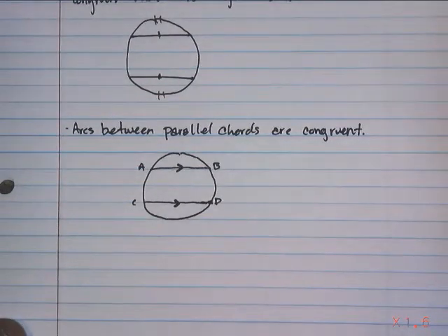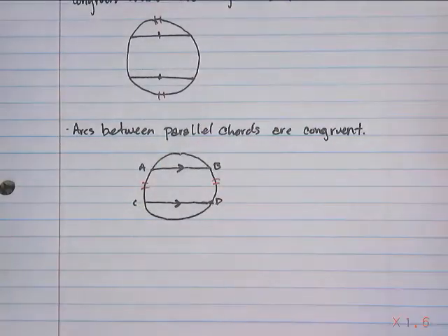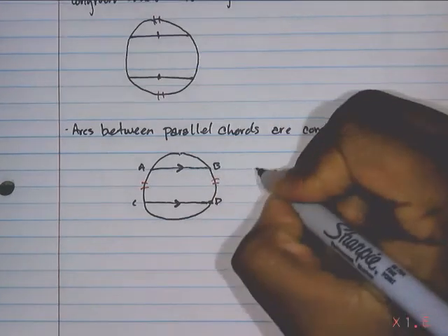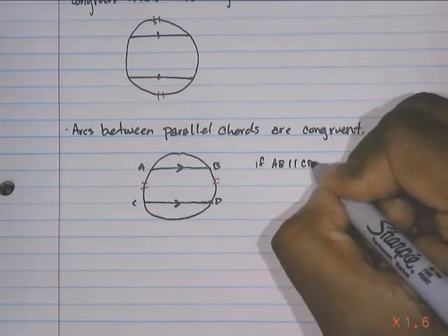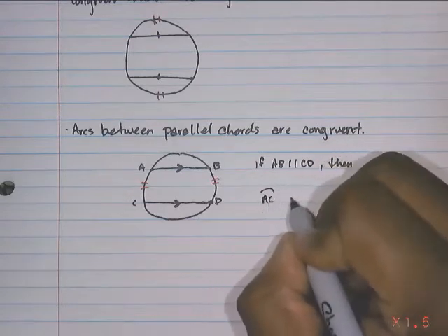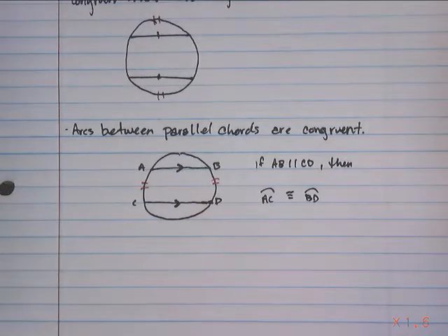If I say that chord AB is parallel to chord CD, then this arc right here, arc BD, will be congruent to arc AC.